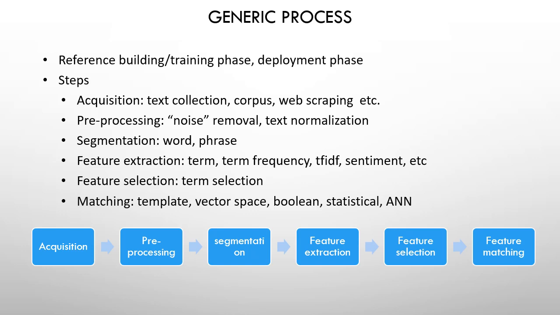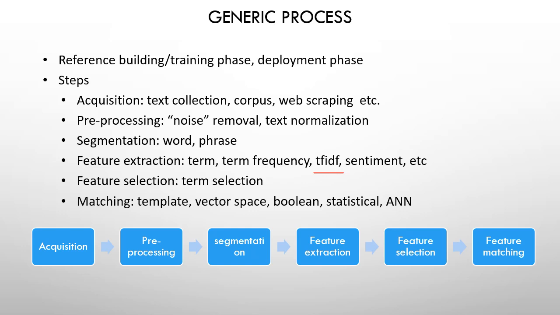So we have term frequency, which is the number of occurrences where the term appears in the document. And also we have what is called TF-IDF. This is a weighting scheme for a term.